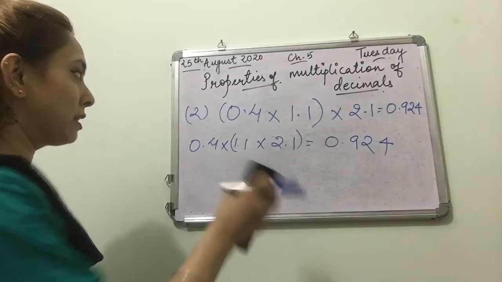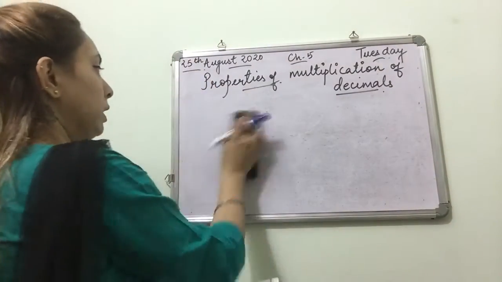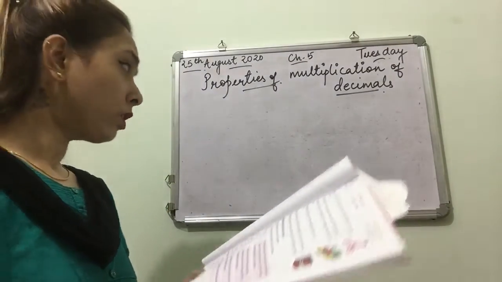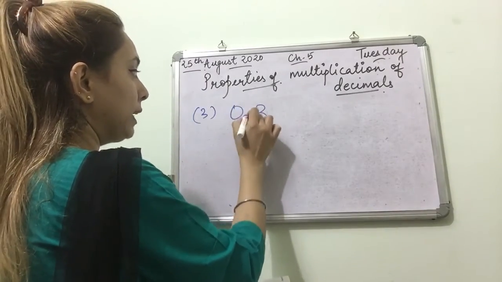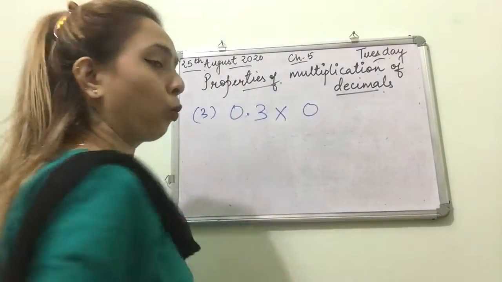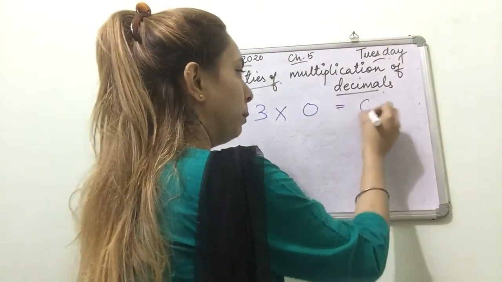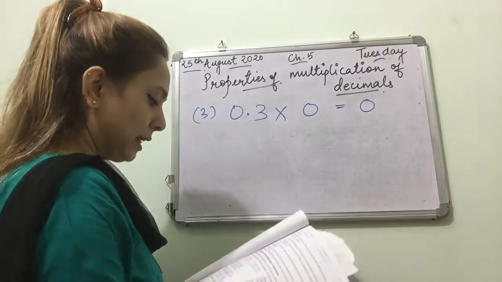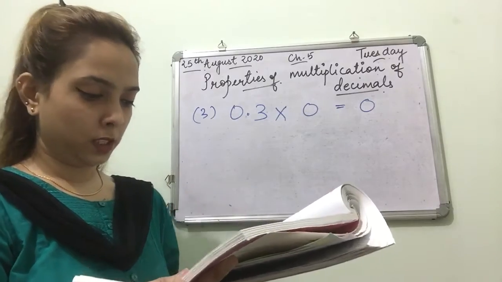Third property is the simplest property, which says that if we are multiplying any decimal number by 0, your answer will be 0 itself. This is the third property.